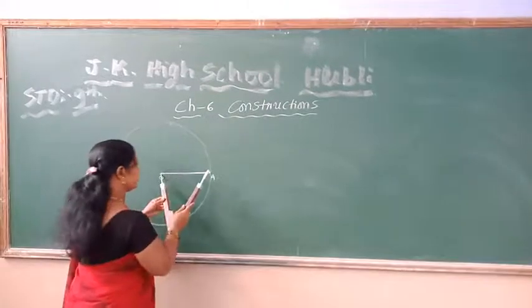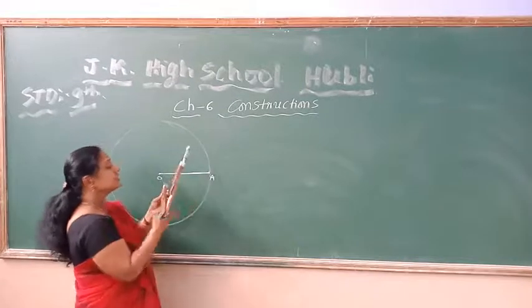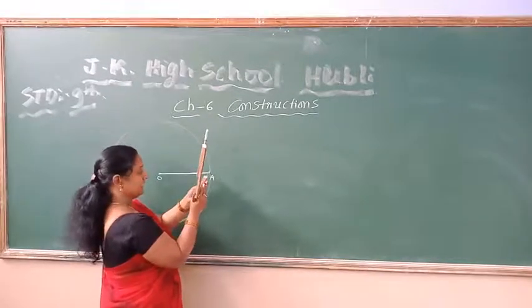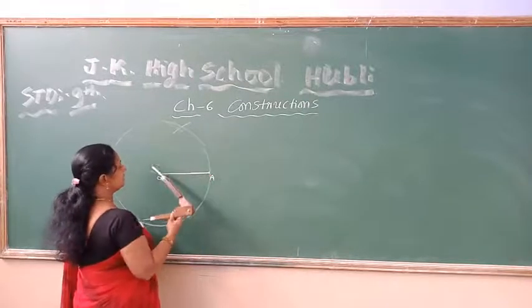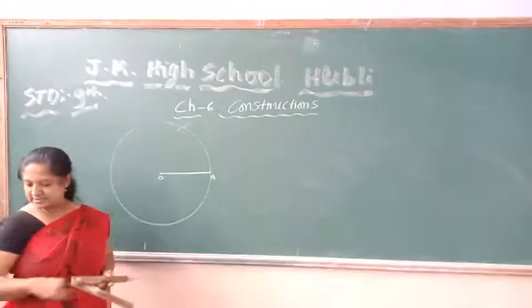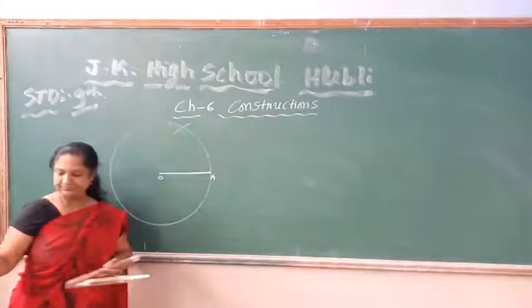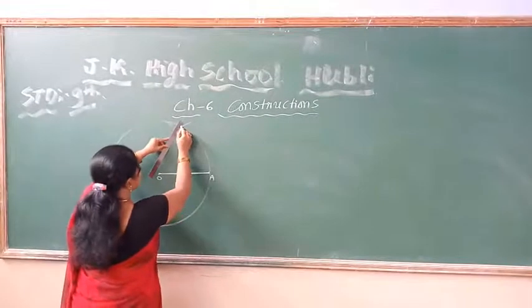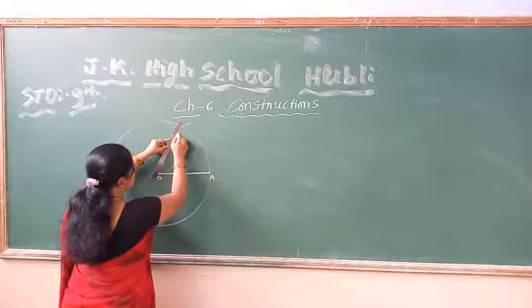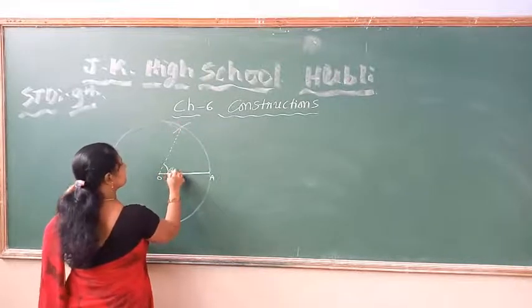Without changing the radius, if you keep it at point A and draw an arc, and if you join from here to here, it represents 60 degrees. This angle is 60 degrees.